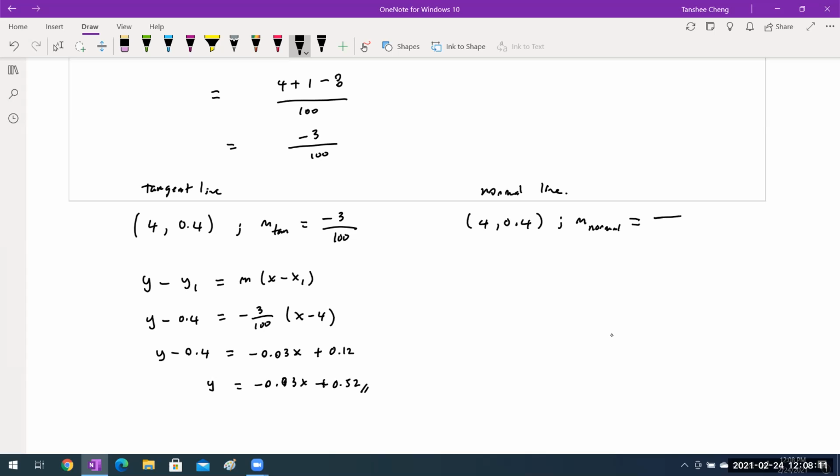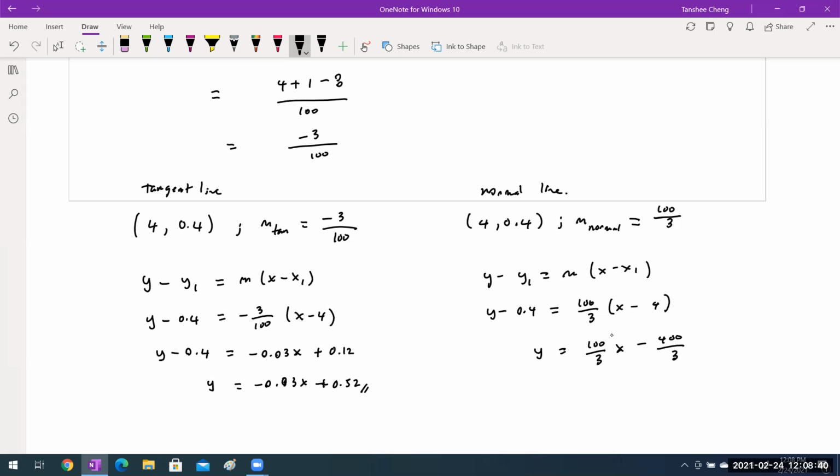So it'll be 100 over 3. We are talking about the same thing, except with 100 over 3. So y minus y sub 1 equal to m times x minus x sub 1. So it will be y minus 0.4 equal to 100 over 3 times x minus 4. So that is basically y equal to 100 over 3 x minus 400 over 3.